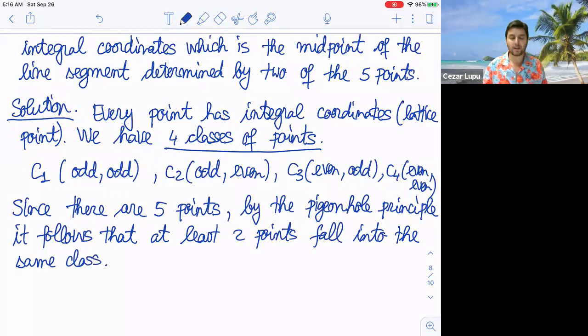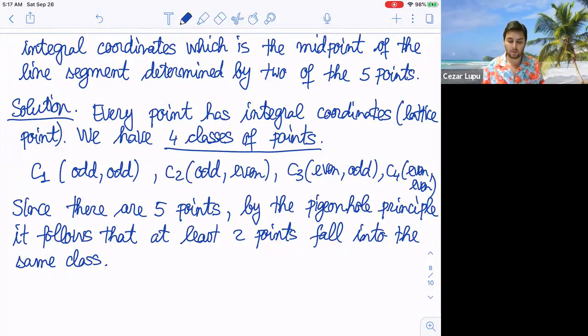So at least 2 points out of those 5 will have both of them either odd-odd coordinates, odd-even, even-odd, or even-even. So 2 of them will be in this category.